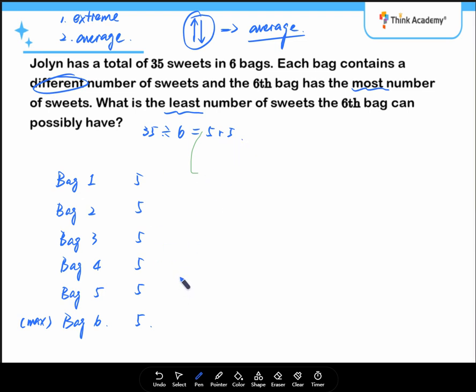So basically, it's like take away 1, add 1, take away 2, add 2, take away 3, add 3. In this way, you can have 2, 3, 4, 6, 7, and 8.